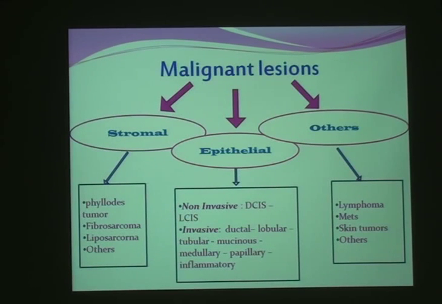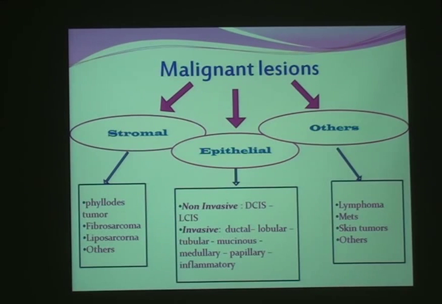So, briefly, the malignant lesions are classified into stromal, epithelial, and others. As far as we know, epithelial tumors are the most common, being either non-invasive or invasive, and the most common ever is invasive ductal carcinoma. Other types include invasive lobular carcinoma, and as much as we like to diagnose early ductal carcinoma or lobular carcinoma in situ, this is much less frequent.